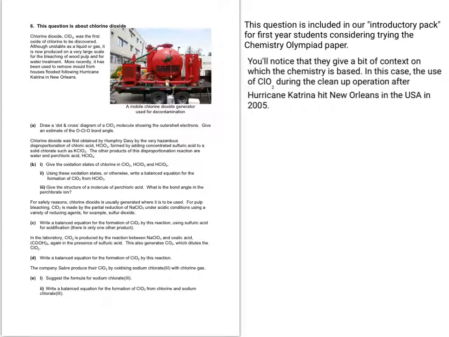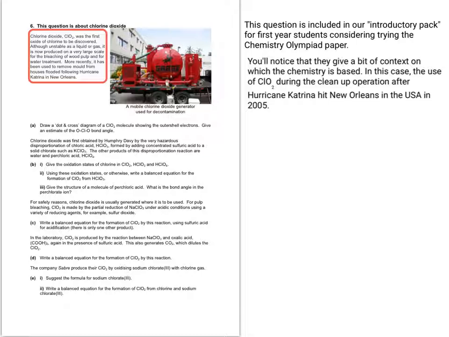So they start off. In 2005, a massive hurricane, named Hurricane Katrina, hit New Orleans. New Orleans is quite a low-lying city, and they have what are called levees to protect them from the ebb and flow of the tide in the Gulf of Mexico.